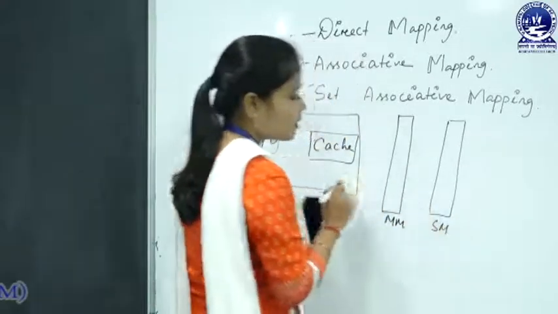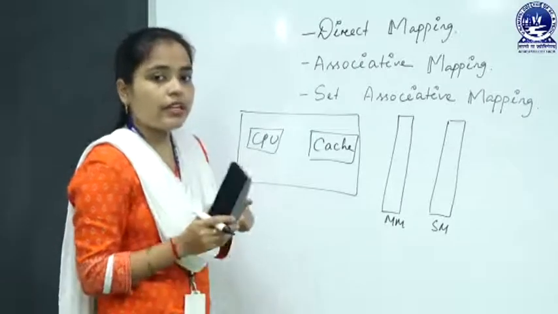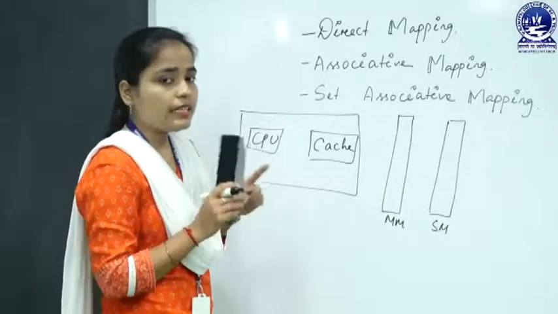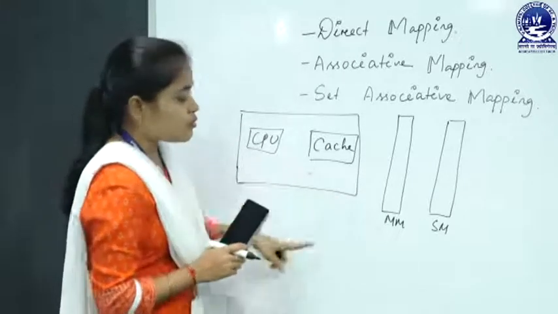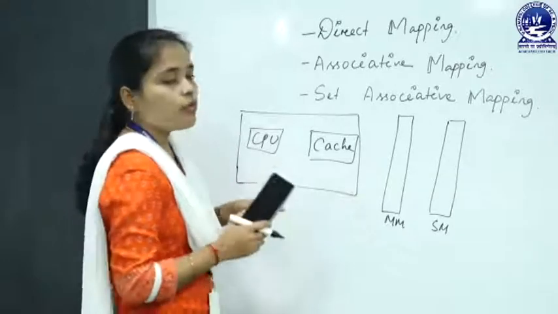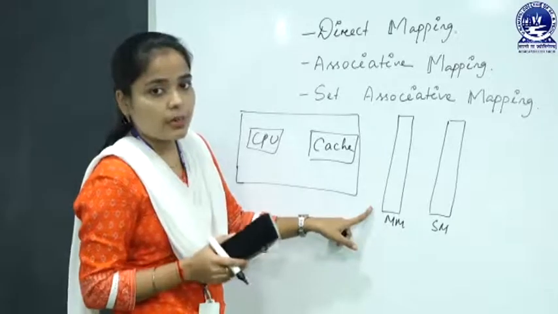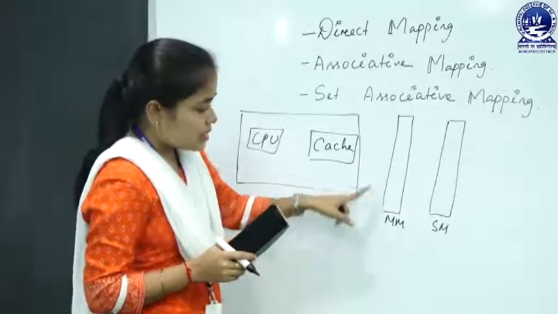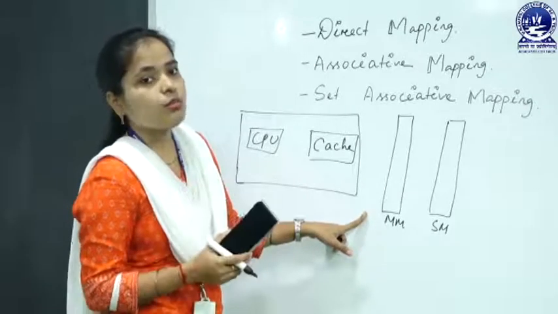For every fetching, read or write operation, any type of operation related to the memory, the processor has to go to the main memory. But it will take more time if it goes to the main memory for every operation, and accessing the information stored in the main memory also takes more time.